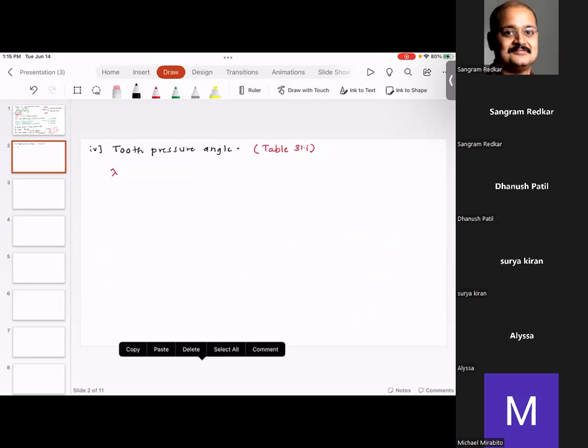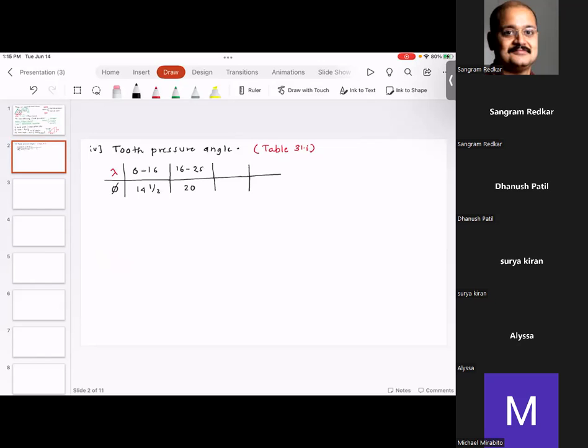So lambda and phi: 0 to 16, 14 and a half; 16 to 25, 20 degrees; 25 to 35, 25 degrees; and 35 to 45, 30 degrees. So you would see this table.